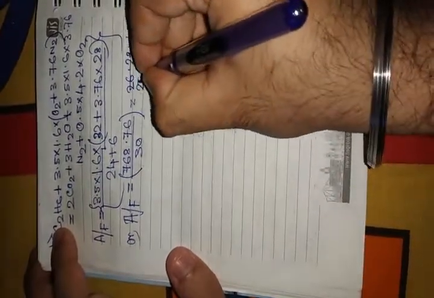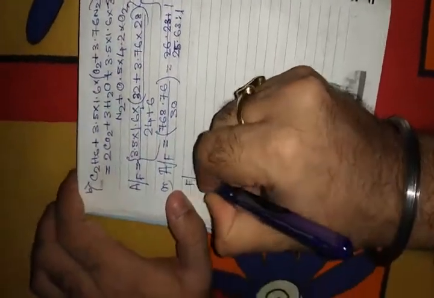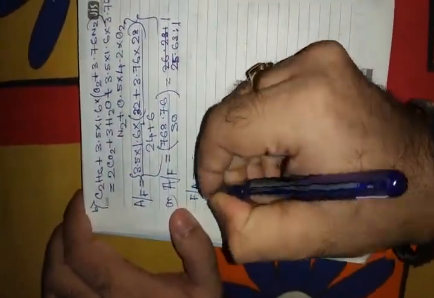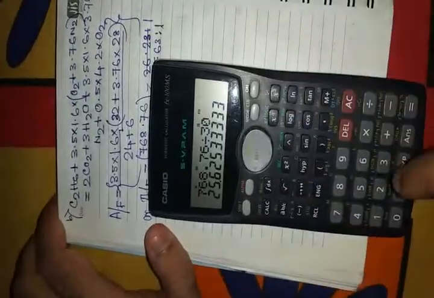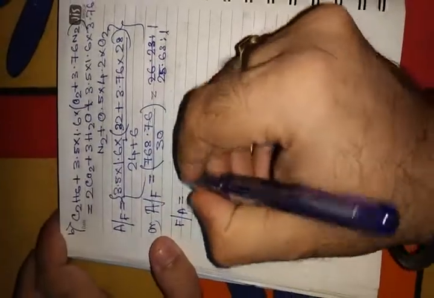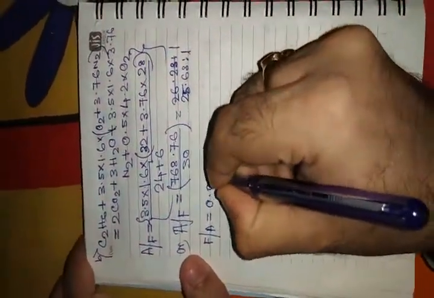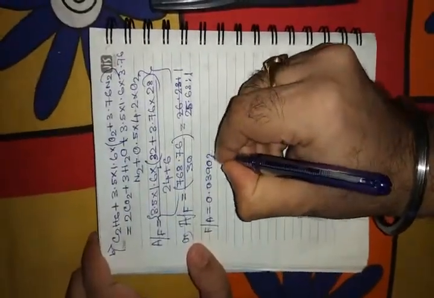Now the fuel-air ratio will be 1 divided by the answer, so it will be 0.039023 is to 1. That is another answer.